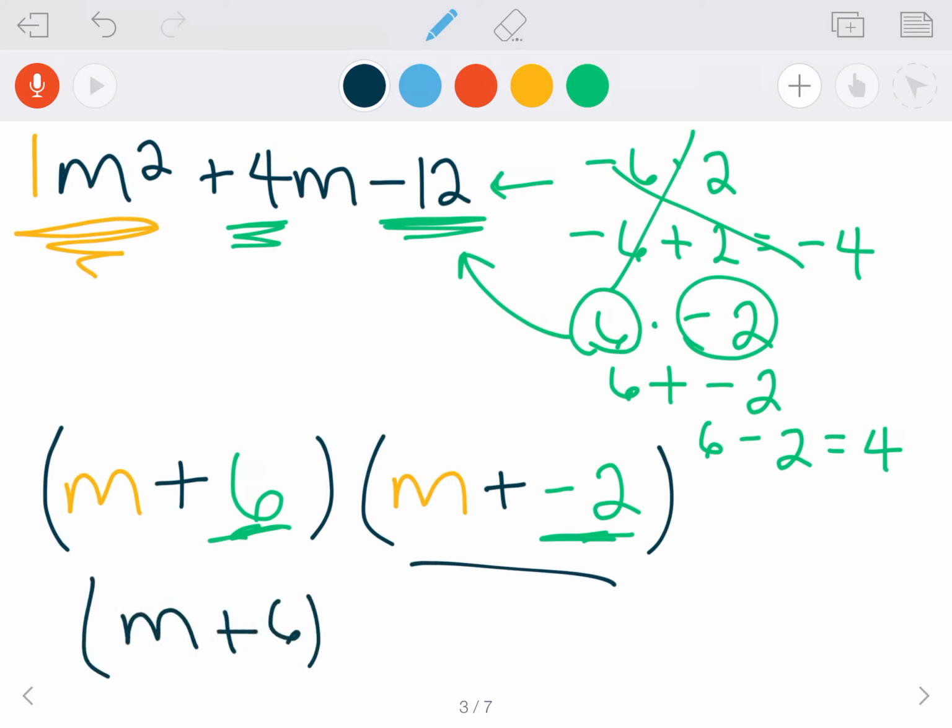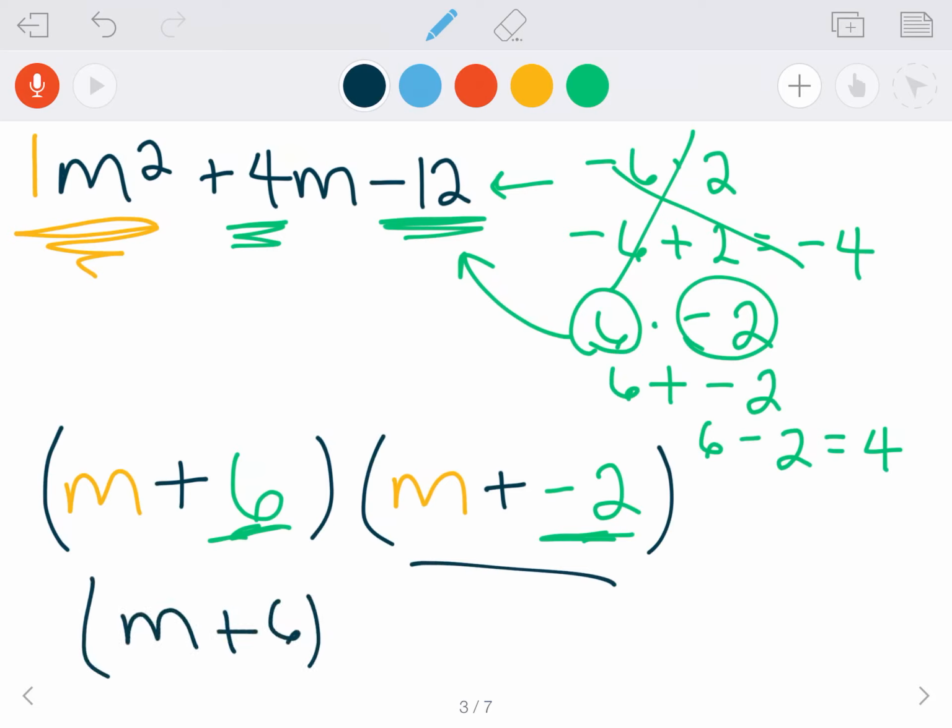Okay, so now let's use FOIL to see if our factoring is correct. So we have quantity m plus 6 times quantity m minus 2. So using FOIL, which I talked about in part 1, the first terms are m times m, and that will give us m squared.